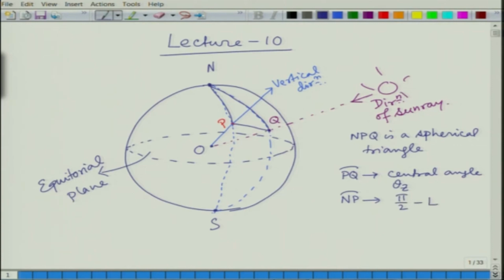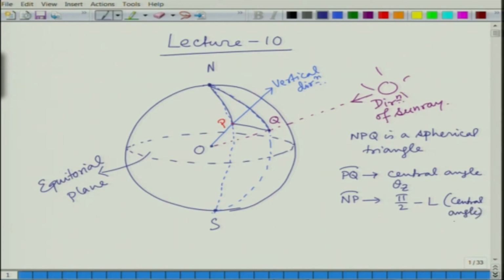If you reach from N to the equatorial plane, that will be pi by 2, 90 degrees, and you are just subtracting L from it. So NP is pi by 2 minus L, that is also a central angle.